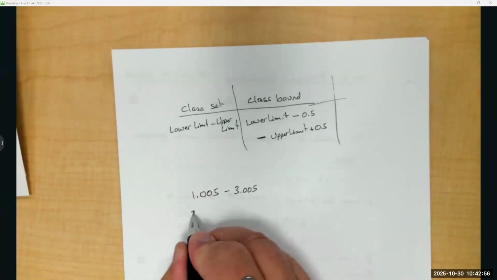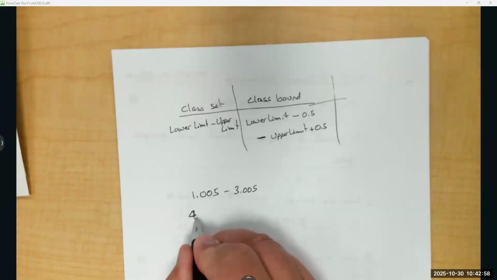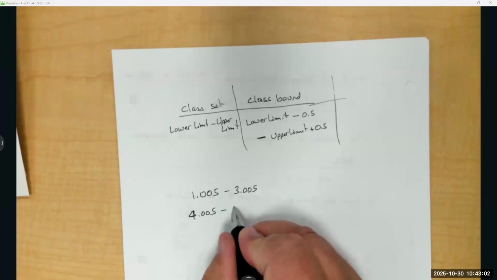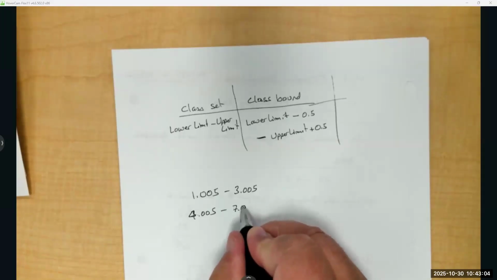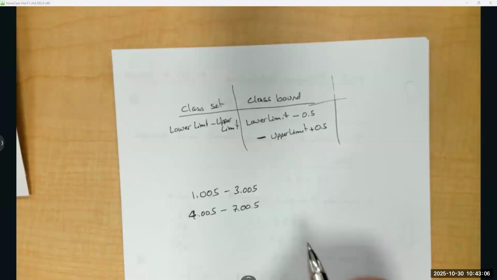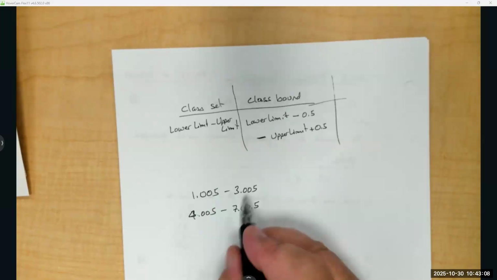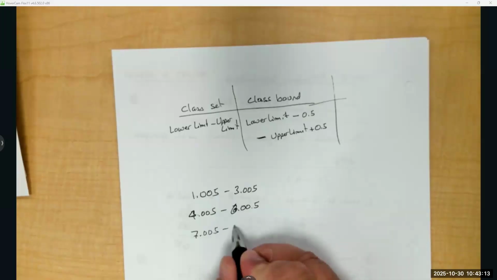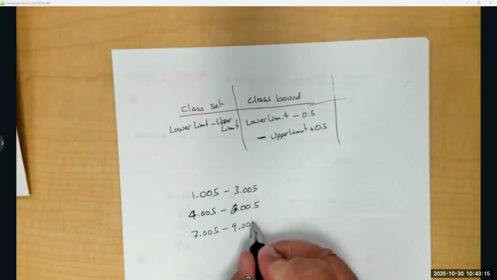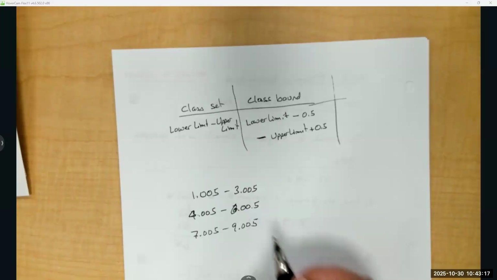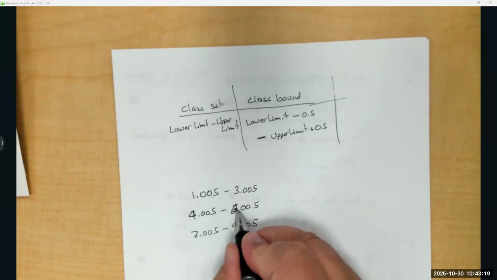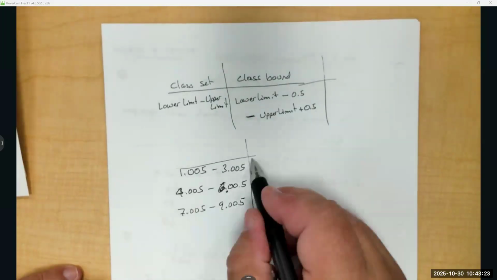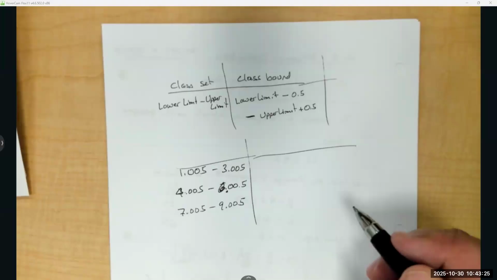This is 4.005 to 7.005, or 6. Then this is 7.005 to 9.005. So that's my class. What would my bound be?